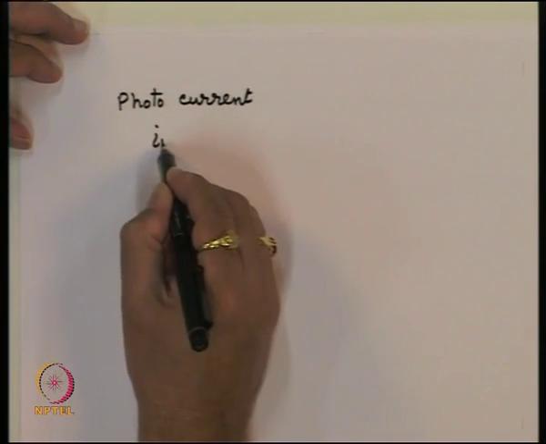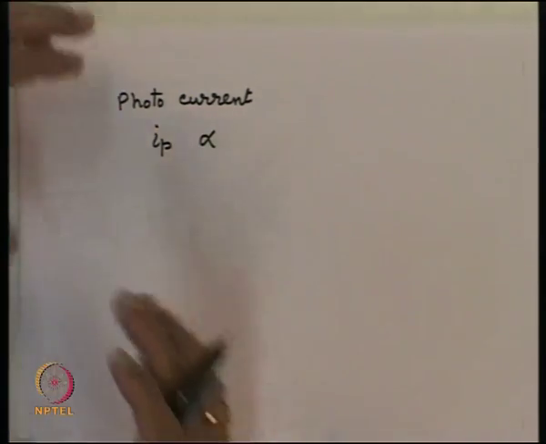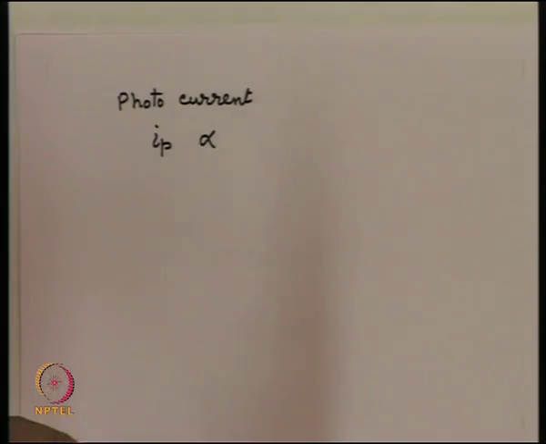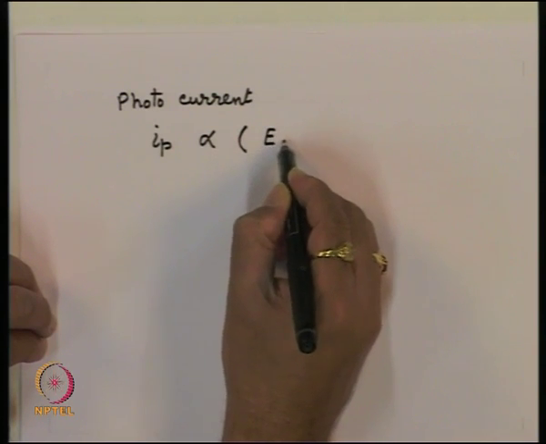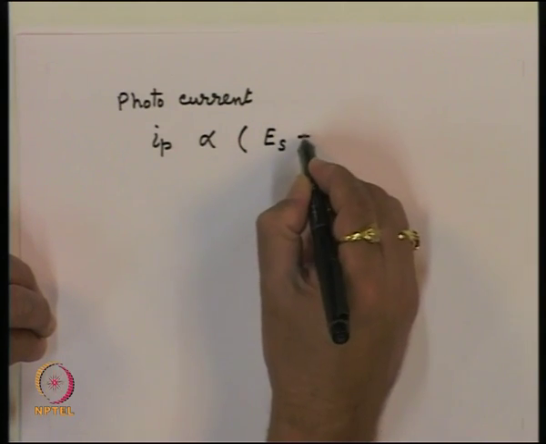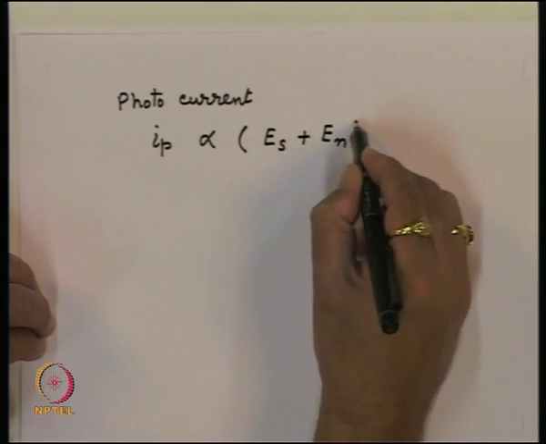Let us say this is IP. That will be proportional to the total power. But now, since we are combining the noise and the signal, the fields of the signal and the noise will get added. So the photocurrent will be proportional to the signal electric field plus the noise electric field, which is because of ASE, and the square of this.